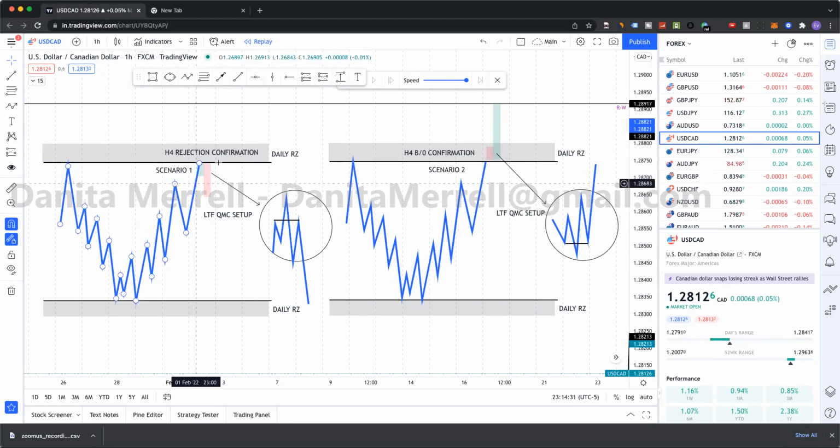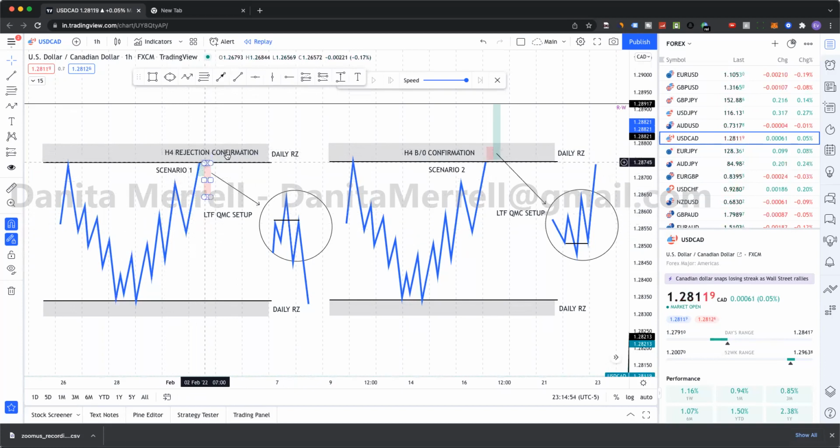And then after this is completed, after we get the closure of this 4-hour candle, what we're going to look for is this: a QMC, a SNR1, SNR2, whatever the setup is inside this zone, that's what we're going to take to the downside. So most traders are getting in and waiting on M1.